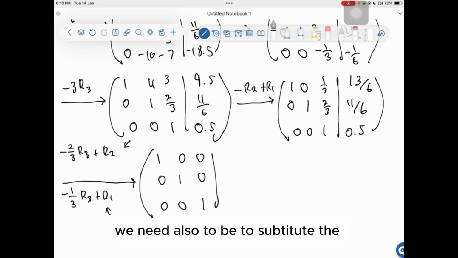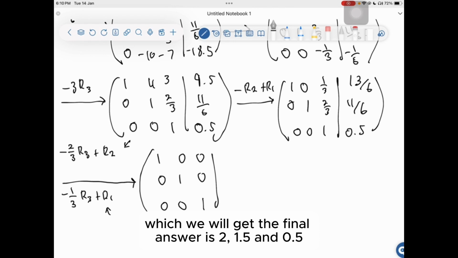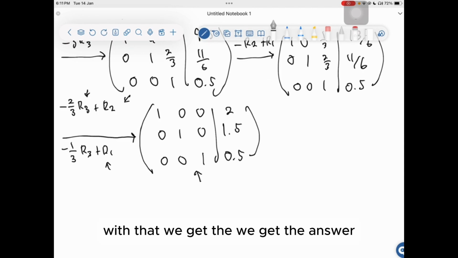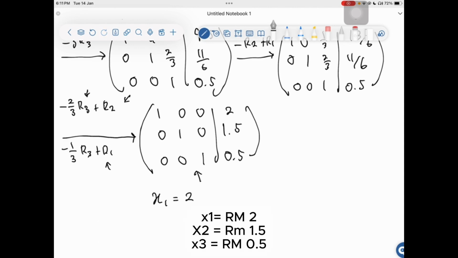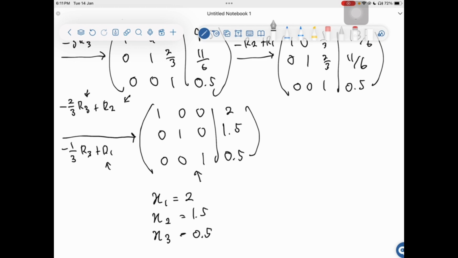We need to also substitute the coefficient into the equation, which we will get our final answer: 2, 1.5 and 0.5. With that, we get the answer x1 equals 2 ringgit and x2 equals 1.5 ringgit and x3 equals 0.5 ringgit or 50 cents.